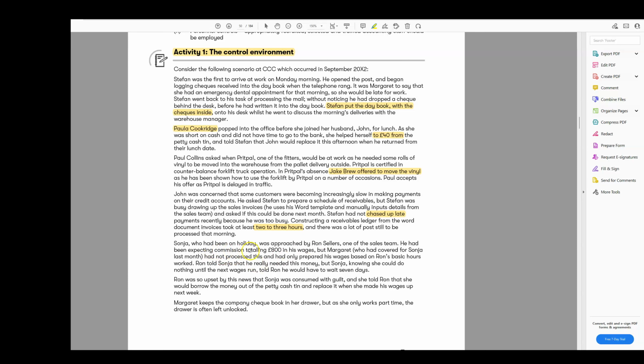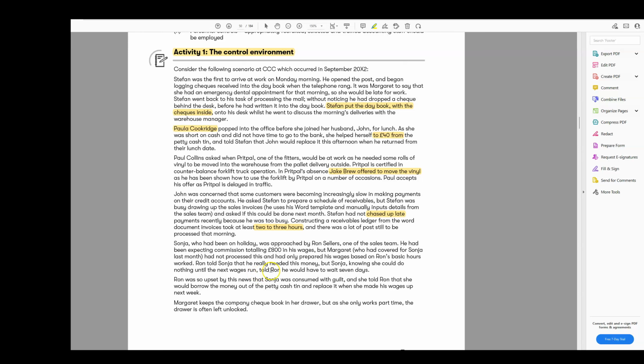Sonja, who had been on holiday, was approached by Ron Saylor, one of the sales team. He had been expecting commission totaling 800 in his wages, but Margaret, who had covered for Sonja last month, had not processed this and had only prepared his wages based on Ron's basic hours worked.